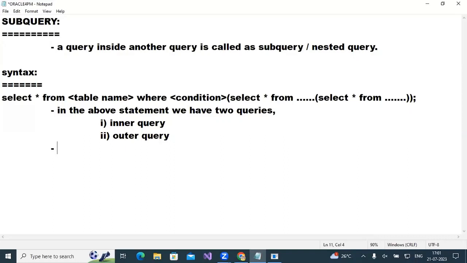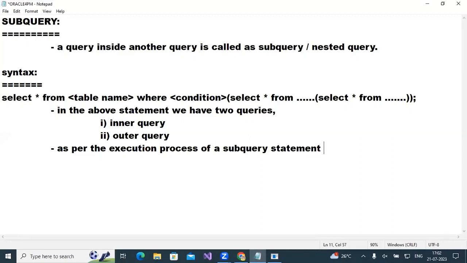That's why, as per the execution process of a subquery statement, it is again classified into two ways.